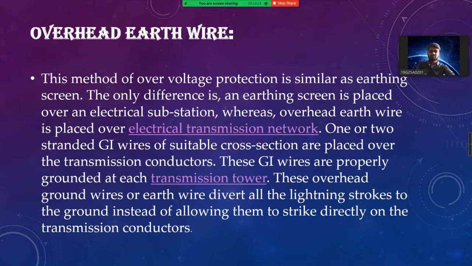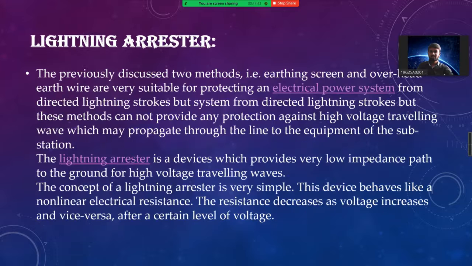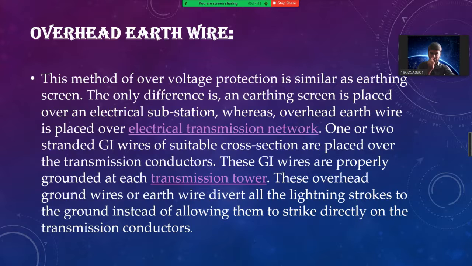It will not allow the lightning strokes onto the transmission towers or substations, so the effect of lightning is very minimal. So that's it for the overhead earthwire.